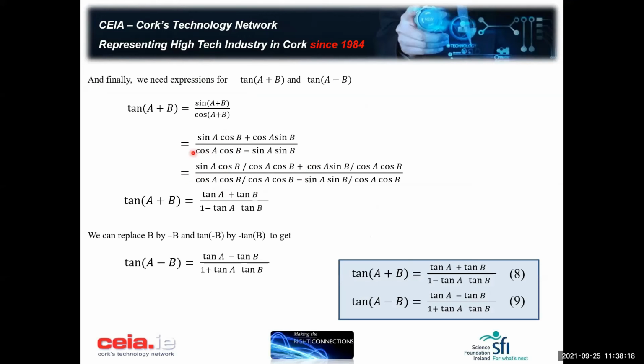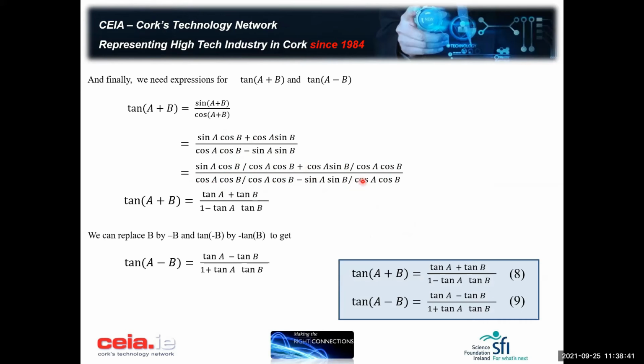So you ask yourself, how will you get a 1 down here? The answer is to divide this by cos A cos B. But if you do that, you will get the 1, but you need to divide every other term, top and bottom, by the same factor in order not to change the value. And when you do that, you get the 1 that you hope for.